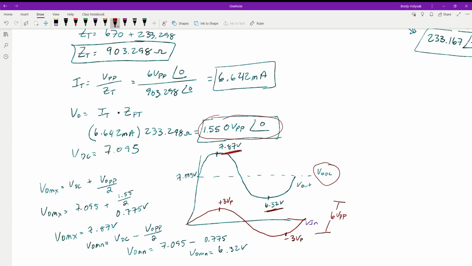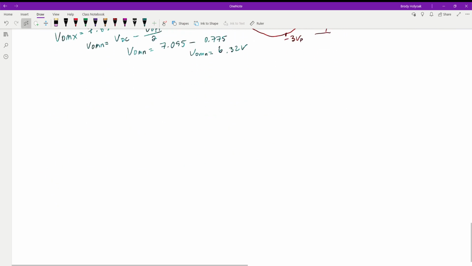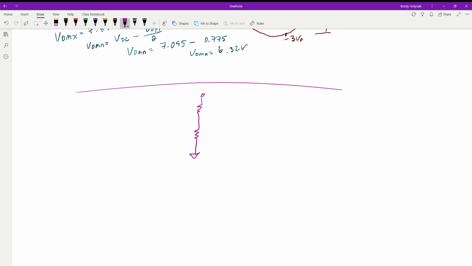So let's go through one more circuit as practice. Okay, so we're going to use the same base circuit. We're just going to change our values up. So let me redraw that guy in there for us. So we have a resistor coming in here, a resistor here going to ground.